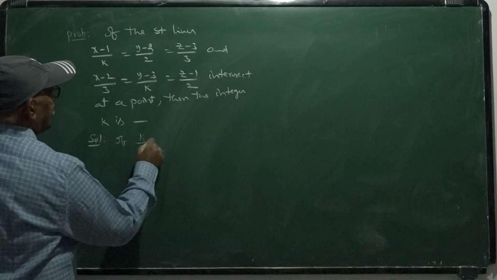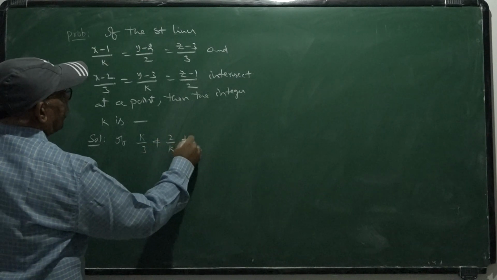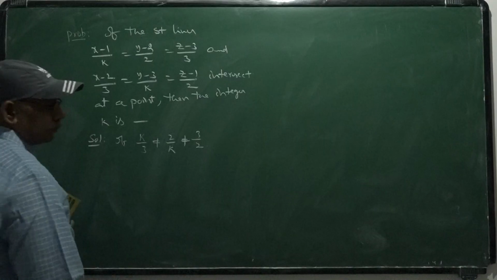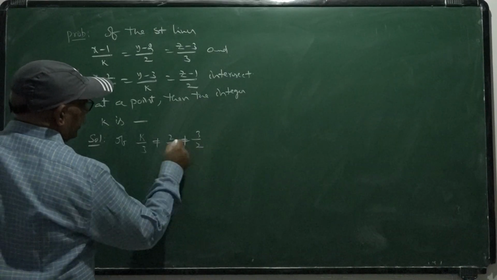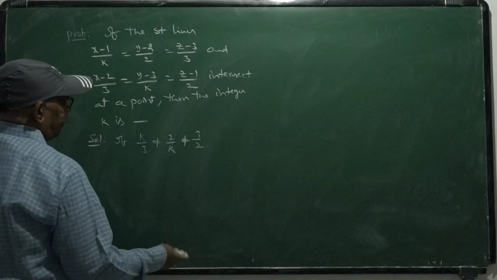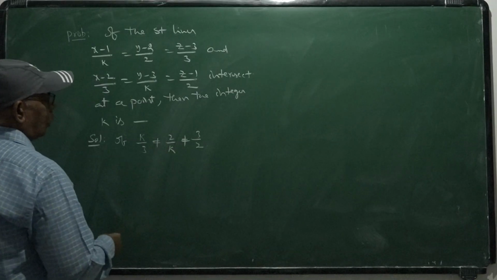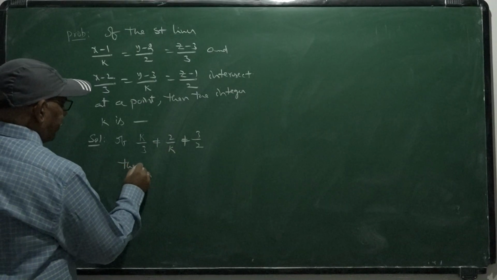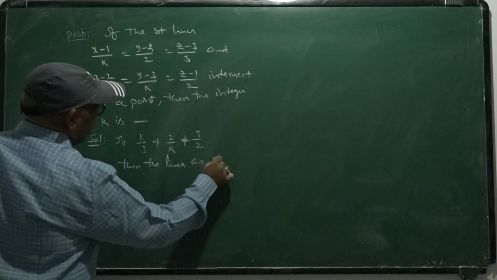If k/3 is not equal to 2/k is not equal to 3/2, then 2/k can never be equal to 3/2, of course depending on k. If this follows, then the lines are non-parallel.